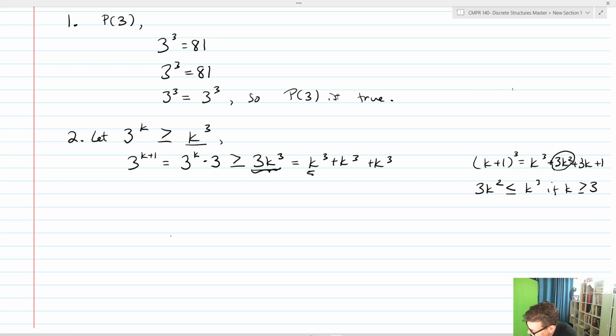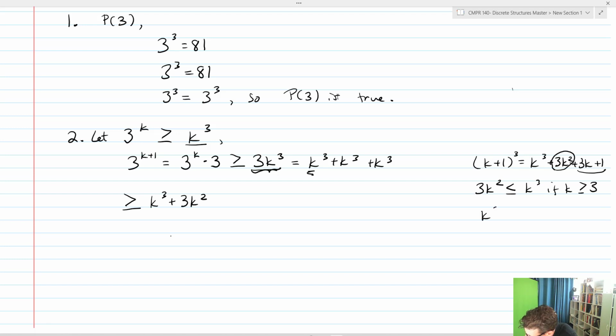So we can do a direct substitution. It's going to be greater than or equal to k cubed plus 3k squared. Okay, there's that first term. Then we need the 3k plus 1.